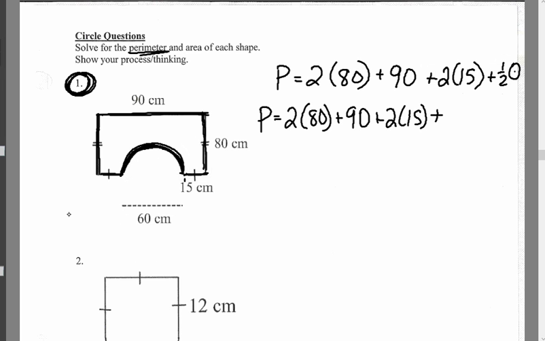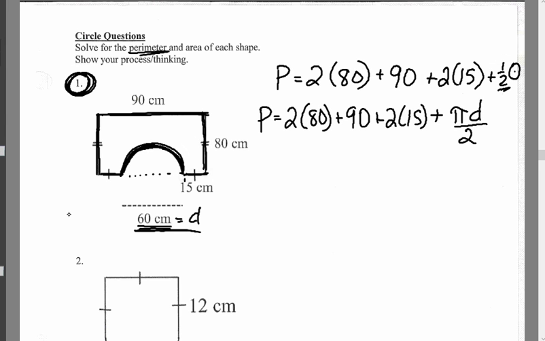That 60 is important. It's the diameter for the whole circle. So that's a D value. But I don't have a whole circle. I could say pi times diameter because I have the D value, but I only have half of it. So I can divide it by 2.